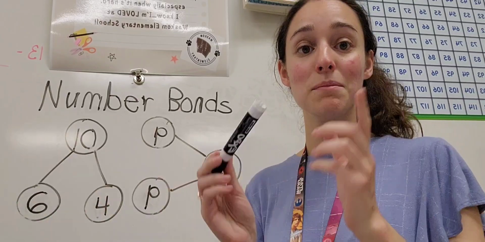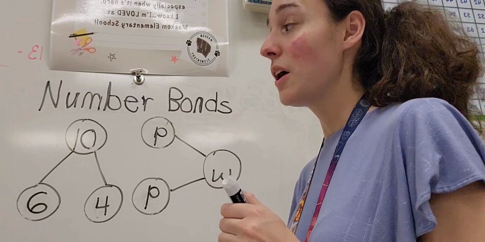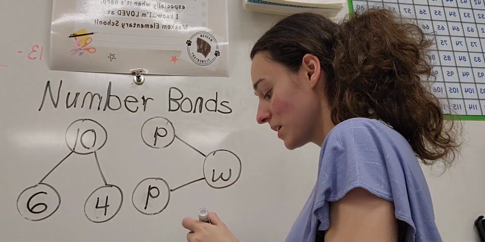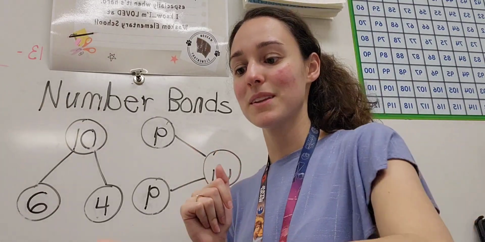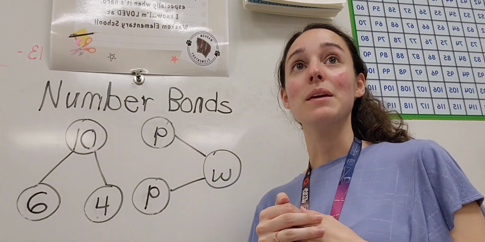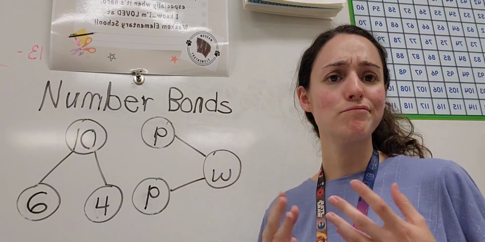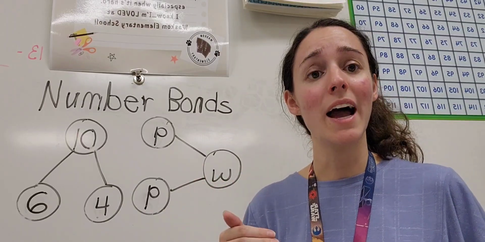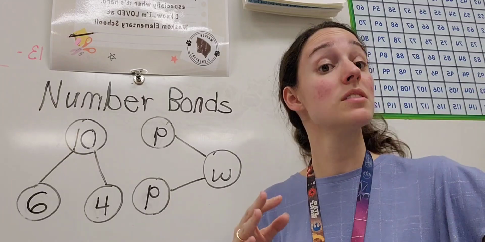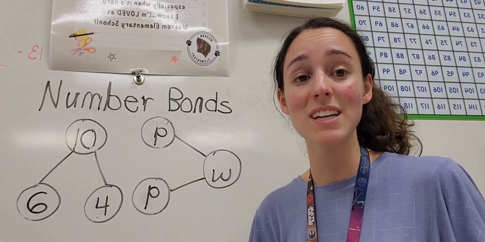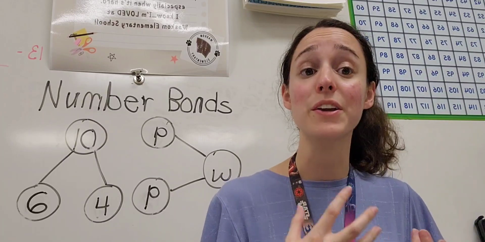In the make 10 method, which I won't go into super depth with, they'll have a problem. I can't write, I forgot about that. For instance, they'll have a problem such as, they'll start small, so it'll be 9 plus 7 equals blank. Now that is a math fact, but some students don't have their math facts memorized yet, so they need a strategy to help them figure it out.